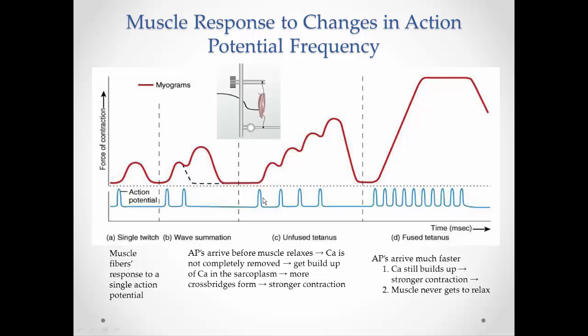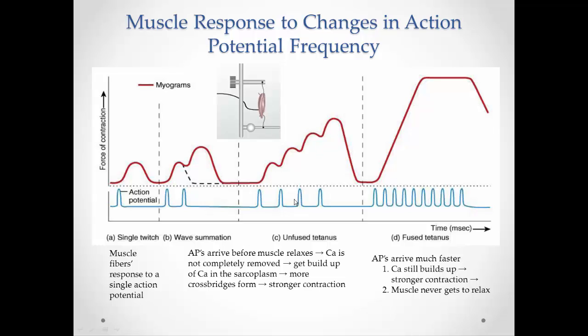Now, if I keep going with consecutive stimuli one after another, I get this kind of stepwise process of increasing muscle contraction, because every time the muscle begins to relax, I hit it with a contraction, I release more calcium, which means I build up calcium in the cytoplasm. As I build up calcium, I can form even more cross bridges, which means I get an even stronger contraction, and it keeps moving and getting an increase in the force of the contraction.